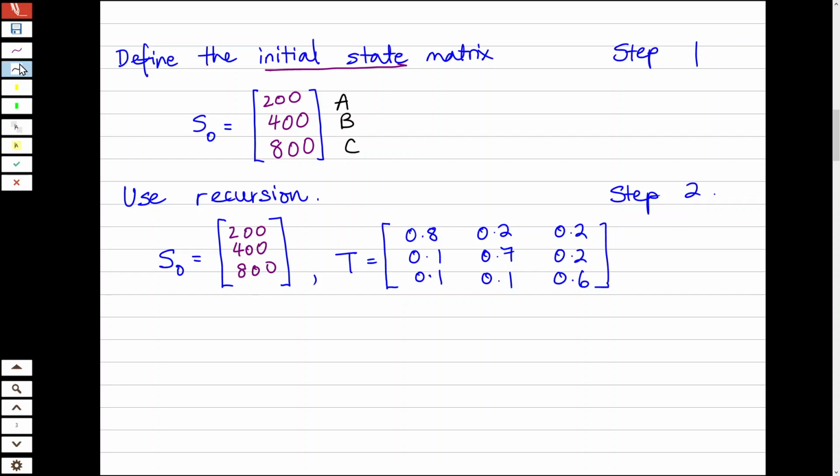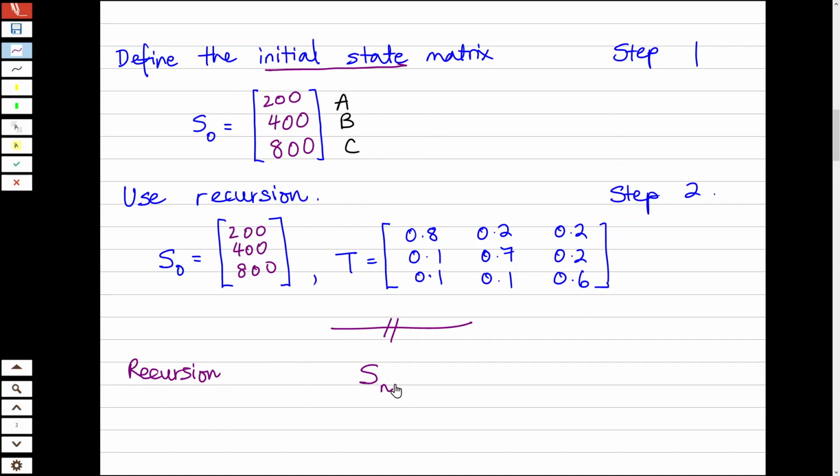And I'm just going to write down some formulas now. The first formula is the recursion formula. So if I have some state Sn, this could be any week, so week 0, week 1, week 2.